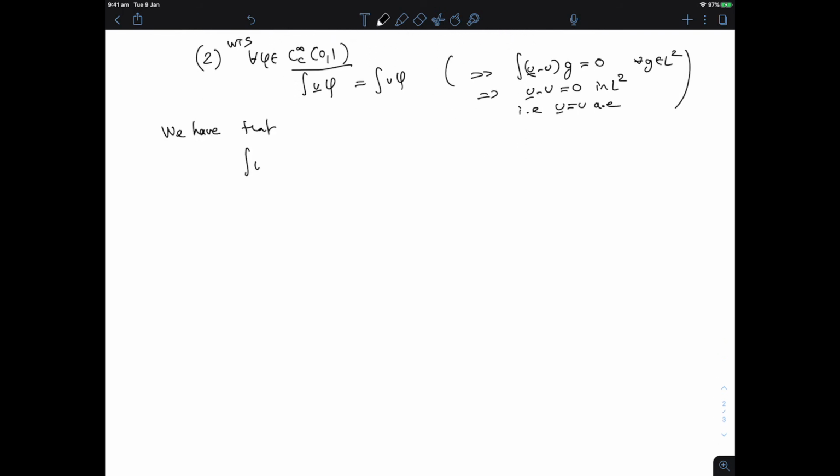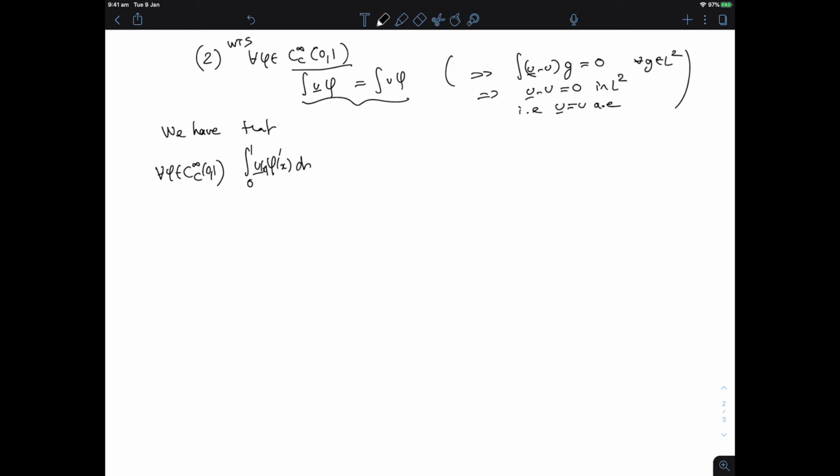So we have the integral of u bar phi prime of x. I'm going to start by trying to show this equality, but with phi prime. We'll see that it's a little simpler, and then we'll try to move from the fact that it's true for every phi prime to the fact that it's true for every phi.